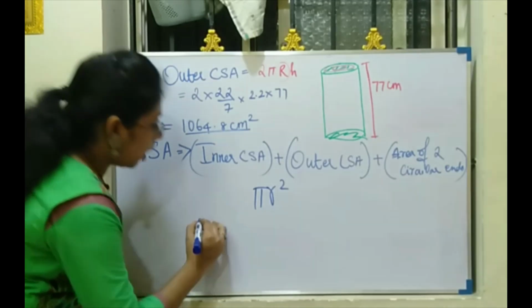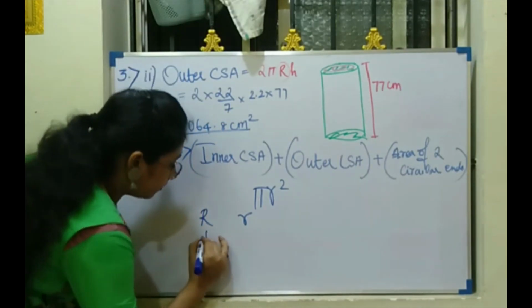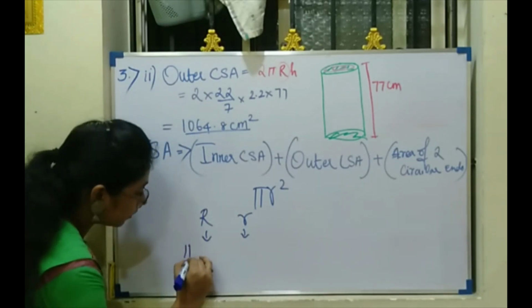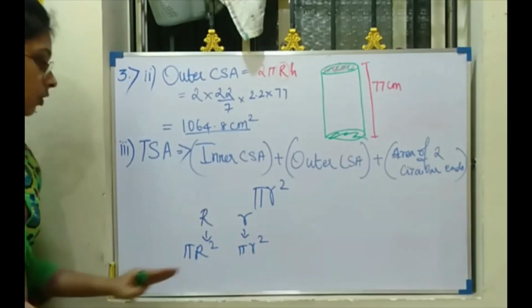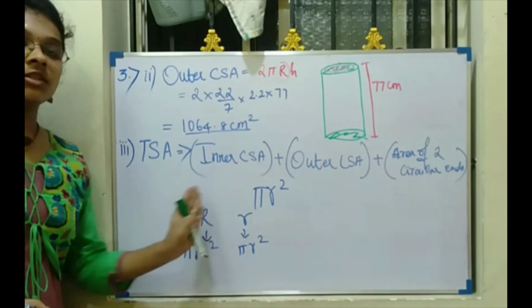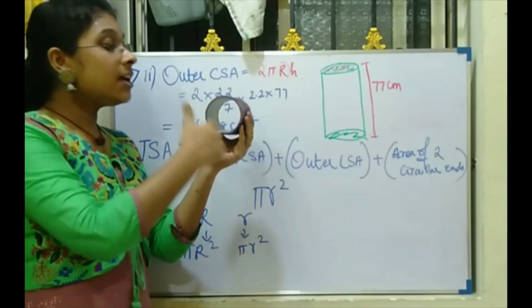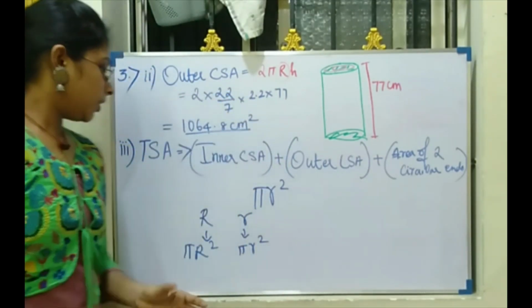So my formula will be pi R square and pi r square. So this is the formula for area of two circles with two different radius. The inner radius will be small r and the outer radius will be capital R.